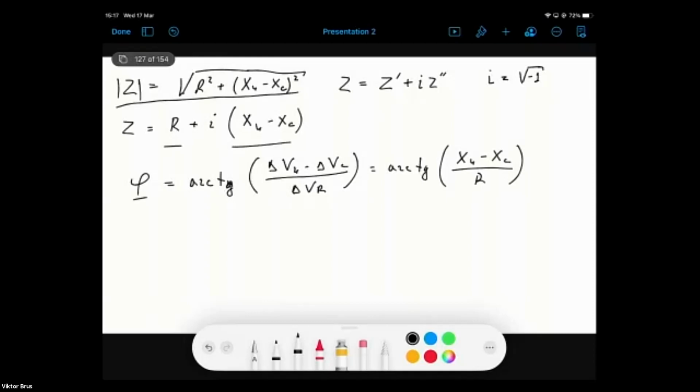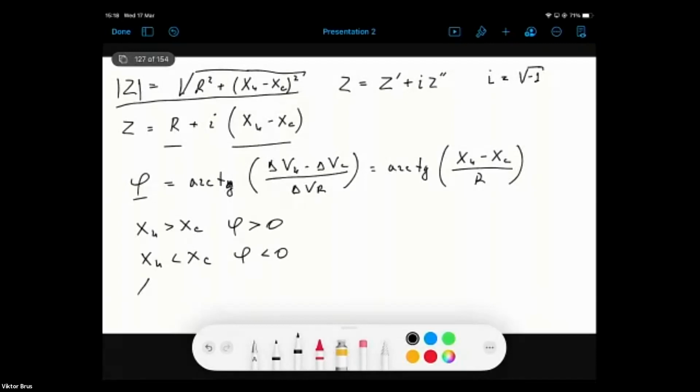And from here, you already may see that in the case when we have XL larger than XC, our phase shift is going to be positive, and electric circuit will be called more inductive than capacitive. If we have XL smaller than XC, phi is smaller than 0, and that means that our electric circuit is more capacitive than inductive.